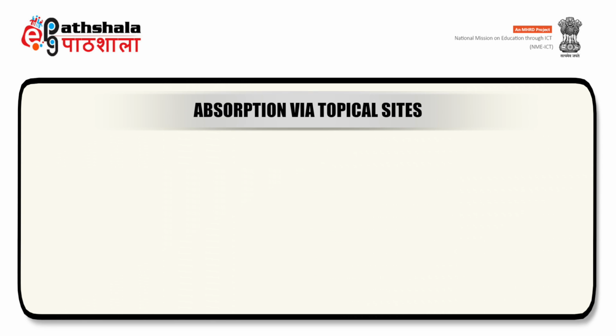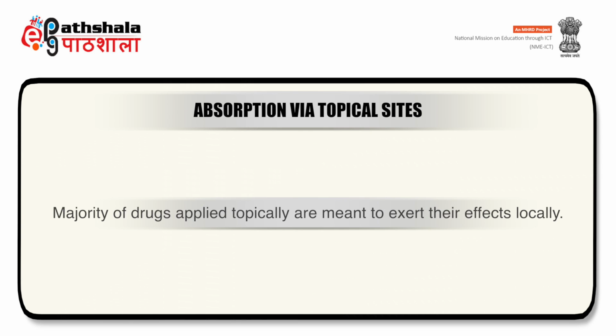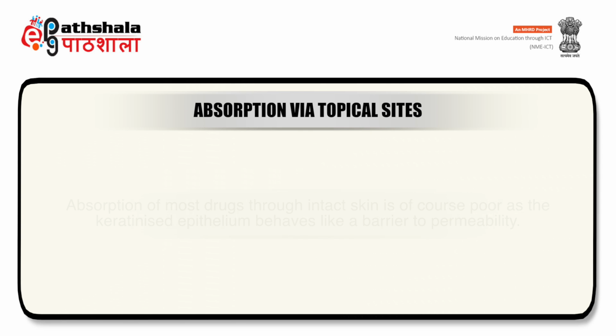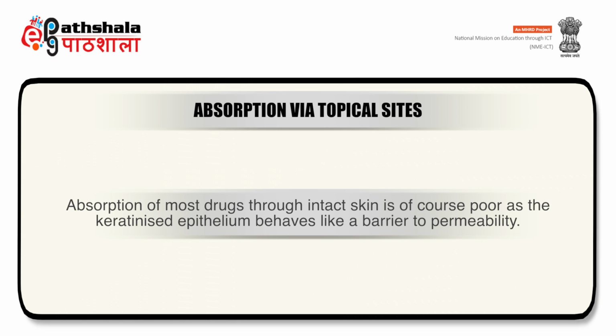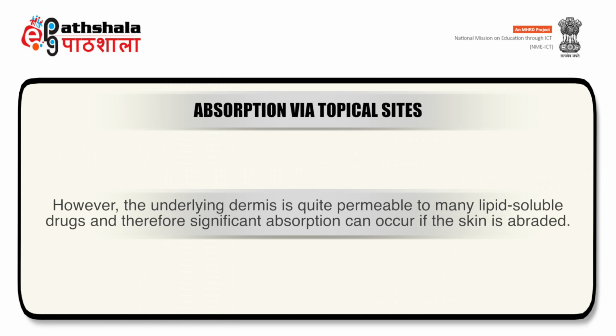Now, the absorption via the topical route, that is skin, mucous membrane, cornea. The majority of drugs applied topically are meant to exert their effect locally. So, the absorption of most drugs through intact skin is poor, and keratinized epithelium behaves like a barrier to permeability. However, the underlying dermis is quite permeable to many lipid-soluble drugs and therefore significant absorption can occur if the skin is abraded.